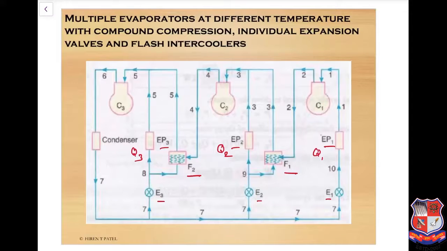Here, after compression in the first compressor, the refrigerant passes through the flash intercooler, where the flash generated from the expansion at E2 is directly circulated into the compressor, and only liquid refrigerant is transferred to the second evaporator. Same for the third compressor and third evaporator: only liquid is transferred, and the flash generated from E3 is directly transferred to the compressor.